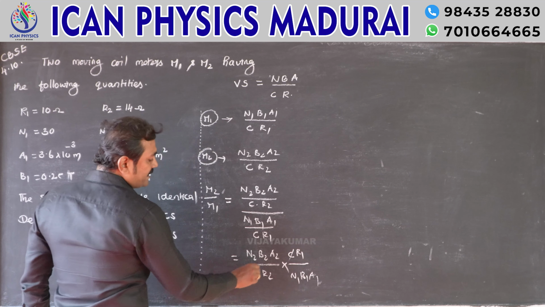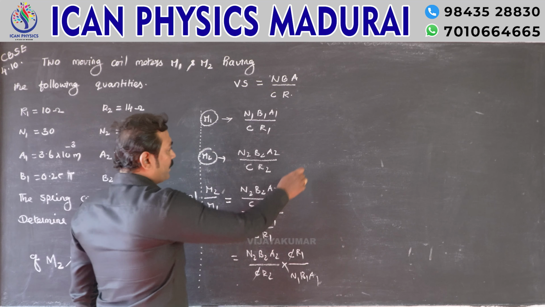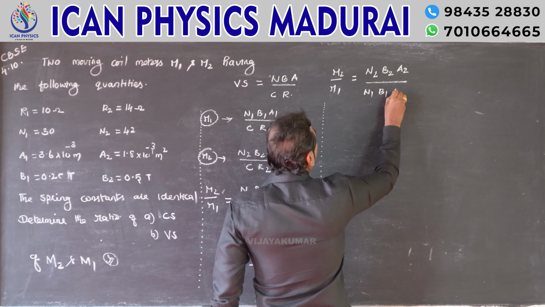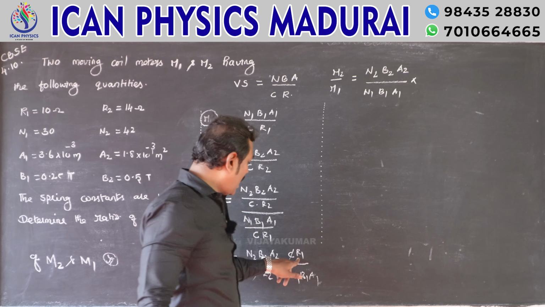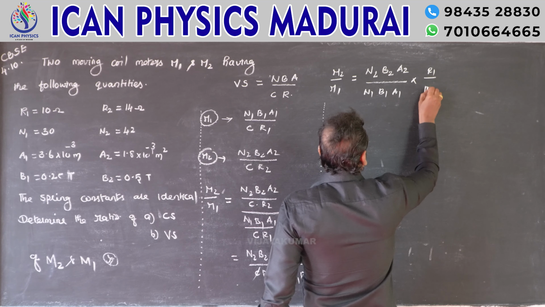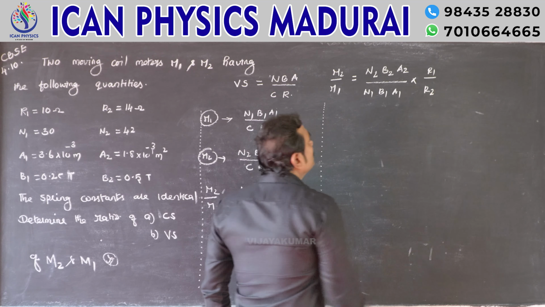Once again, C and C get cancelled. So what may be the final formula? M2 by M1 equals N2, B2, A2 divided by N1, B1, A1 into R1 by R2. For that, we have two ways of solution.